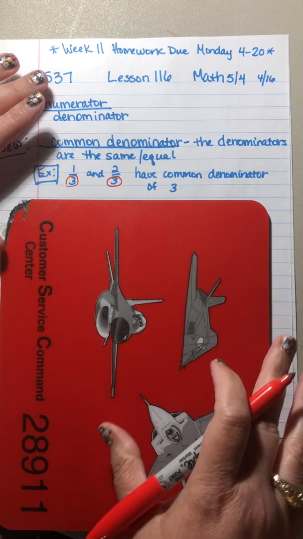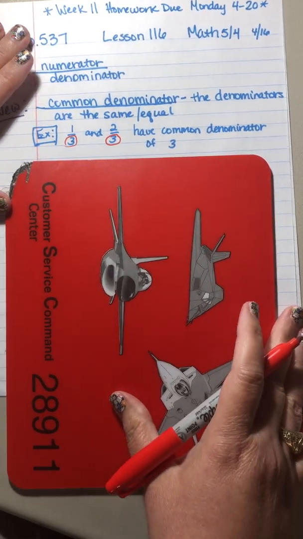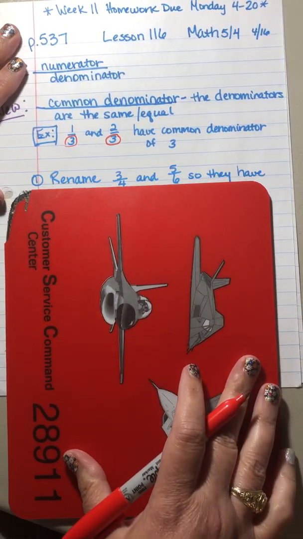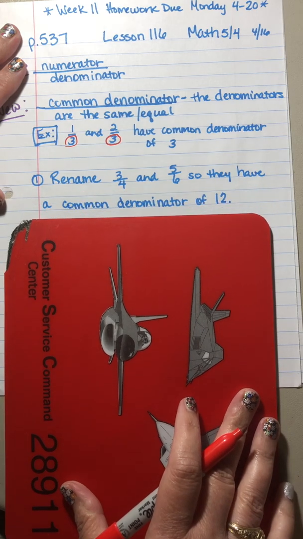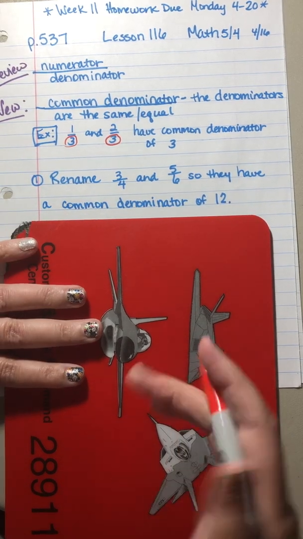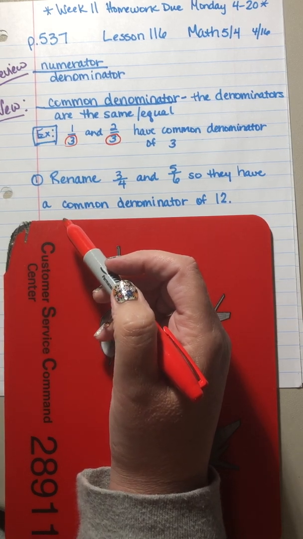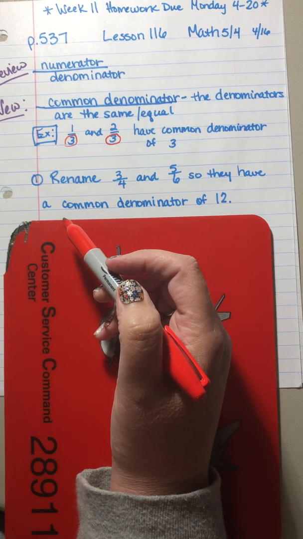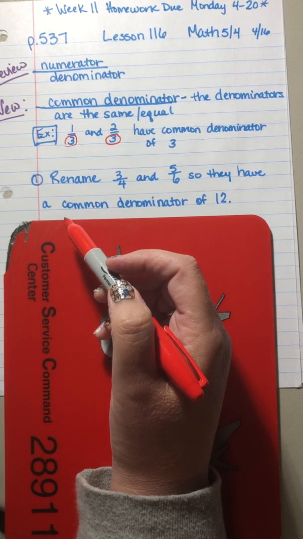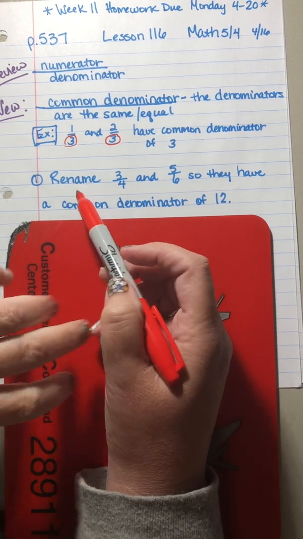Going forward, we're going to learn how to rename. Another word for rename that we used on lesson 115 and before was equivalent fraction, so rename it to an equal fraction.